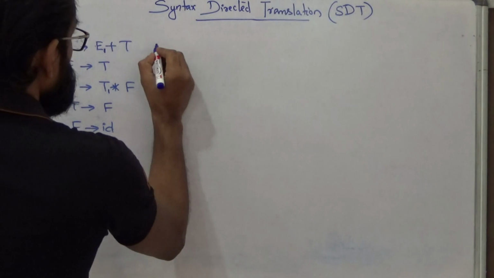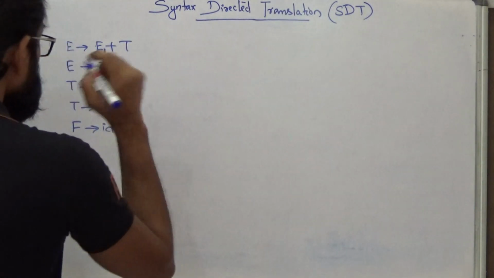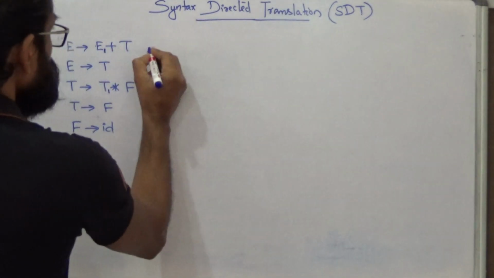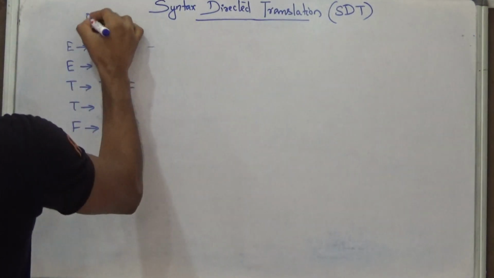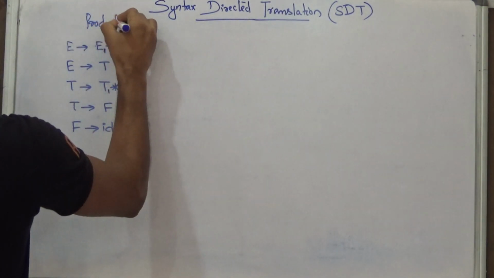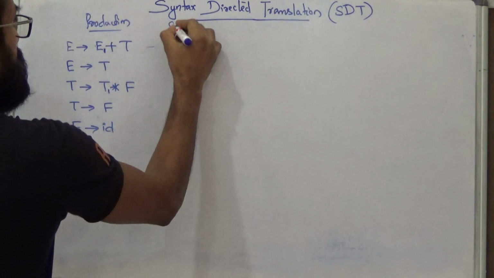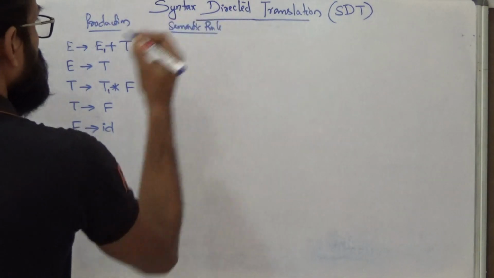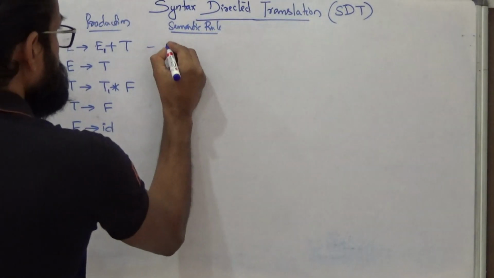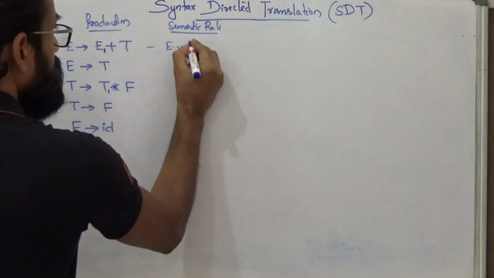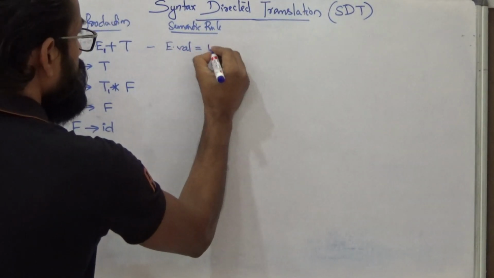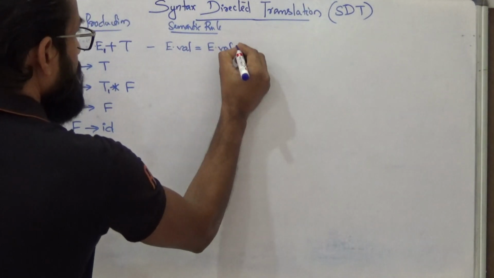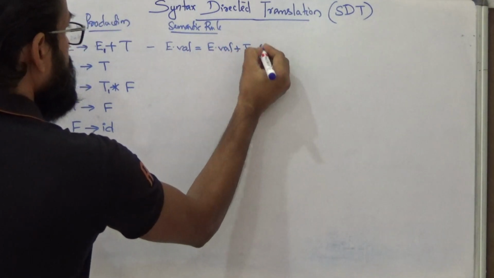Here, this is the production, and next one is the semantic rule. The associated semantic rule is E.val is equal to E1.val plus T.val.